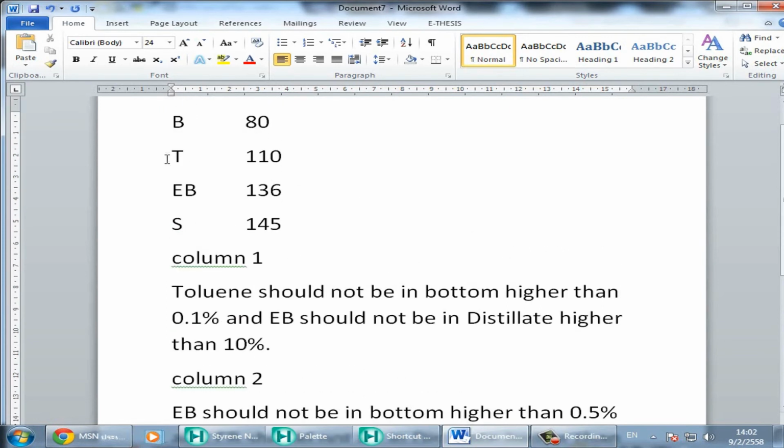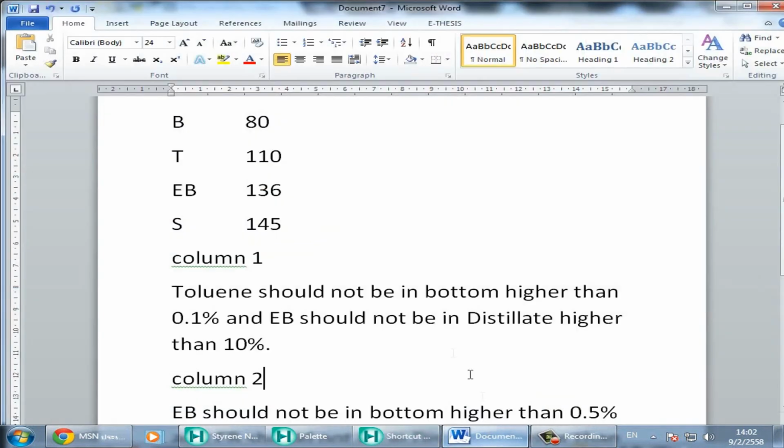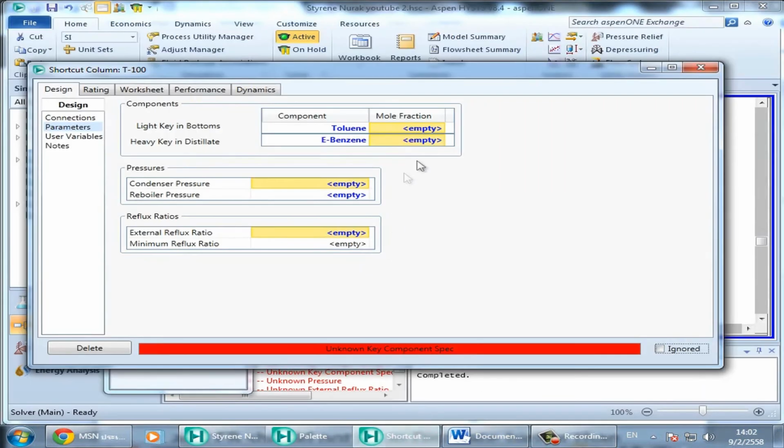What I mean is the light key, which is toluene, should not be in the bottom higher than 0.1%, and the heavy key should not be in the distillate higher than 10%. So come back here. So toluene is 0.001, and in this case it is 10%.